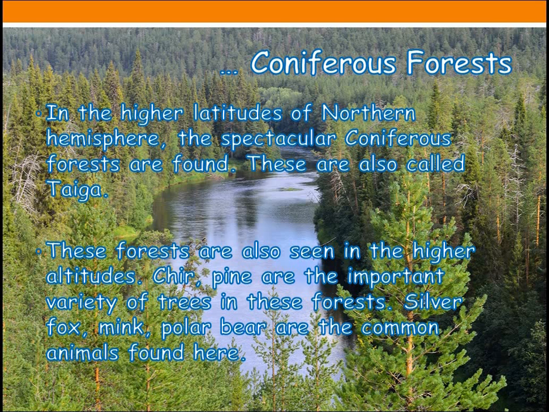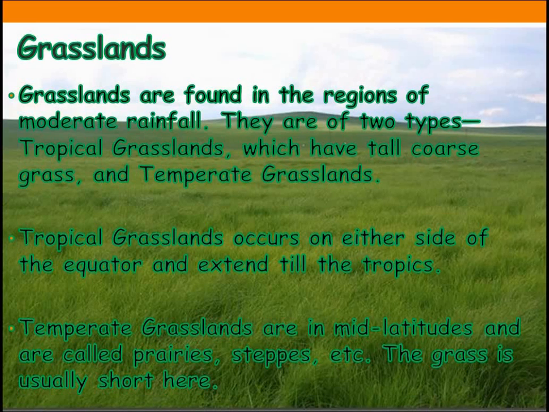Next, let's see grasslands. The grasslands are found in regions of moderate rainfall. There are two types of grasslands: tropical grassland, which has tall coarse grass, and temperate grasslands.